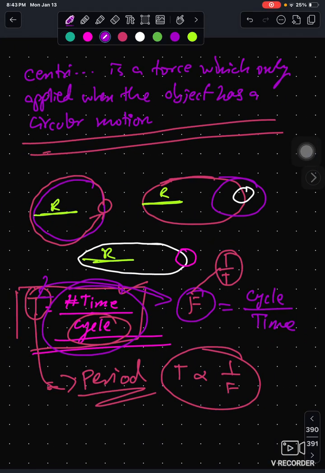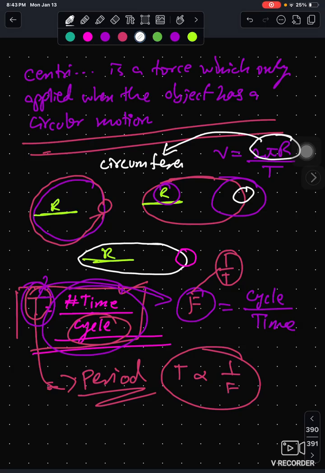When we have the radius r and the time T taken for the whole lap, we could use the equation v equals 2 pi r over T. And you might have noticed that 2 pi r is nothing but the circumference of a circle.